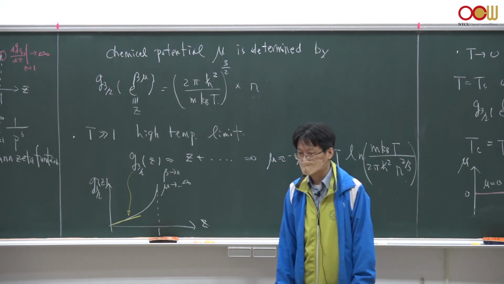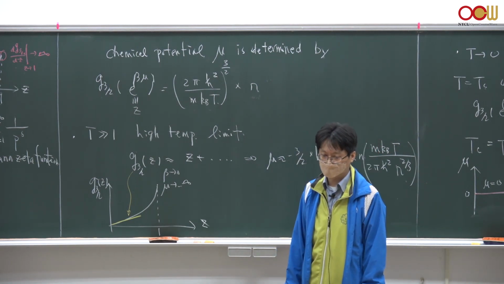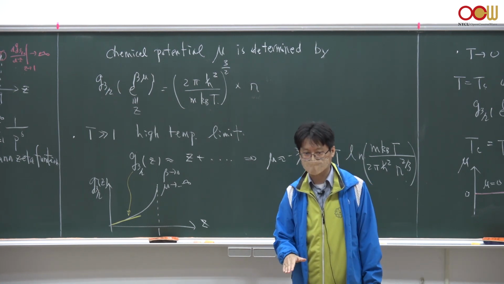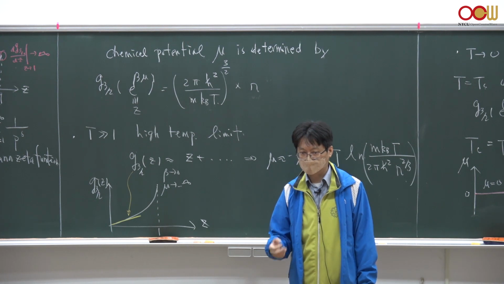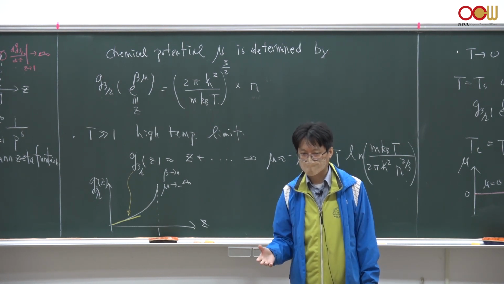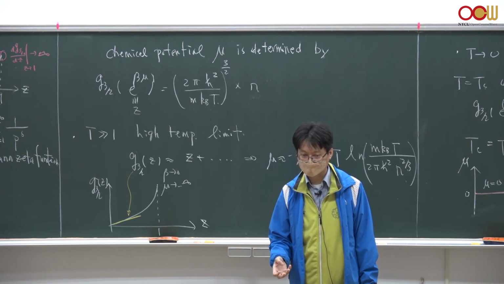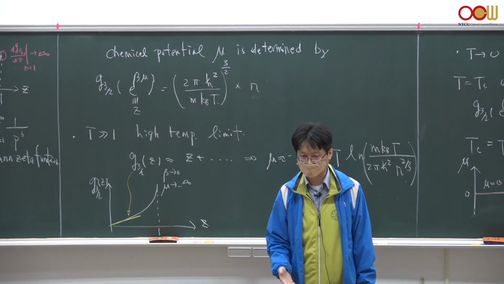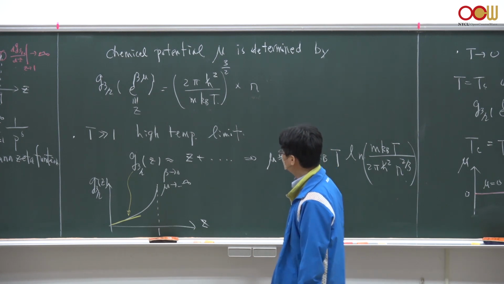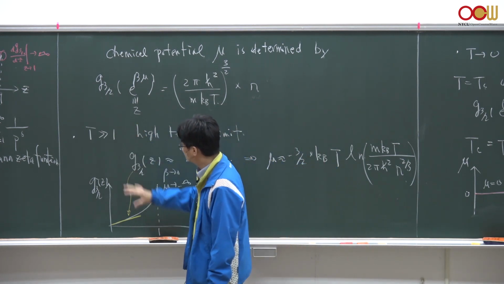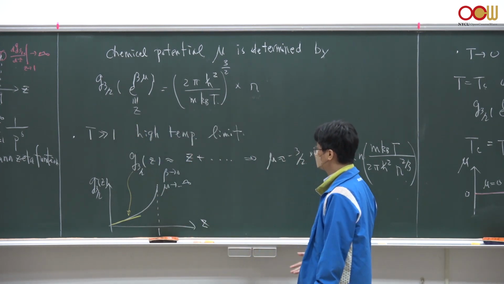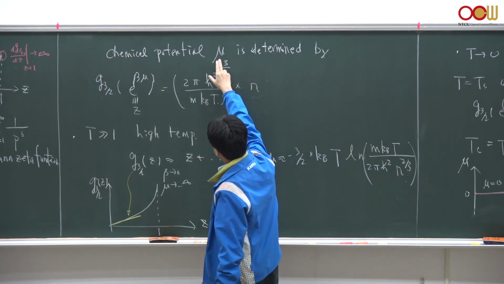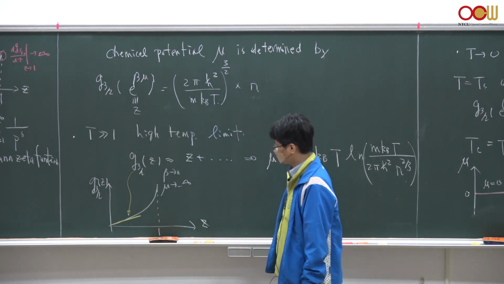As I mentioned, at low enough temperature, below T_BEC, it doesn't cost any energy, the chemical potential is actually 0, but in the higher temperature limit, the chemical potential is non-zero. So let's derive or estimate the chemical potential from this equation.